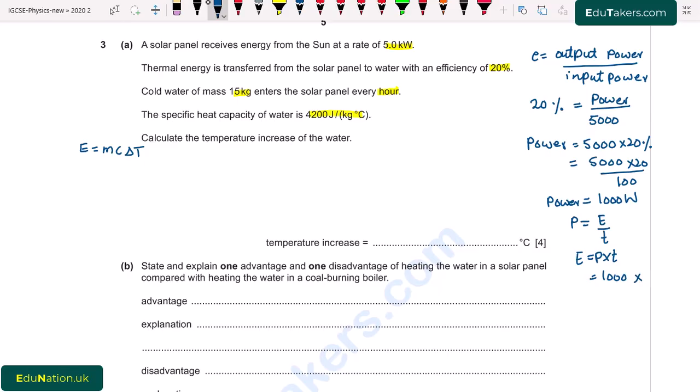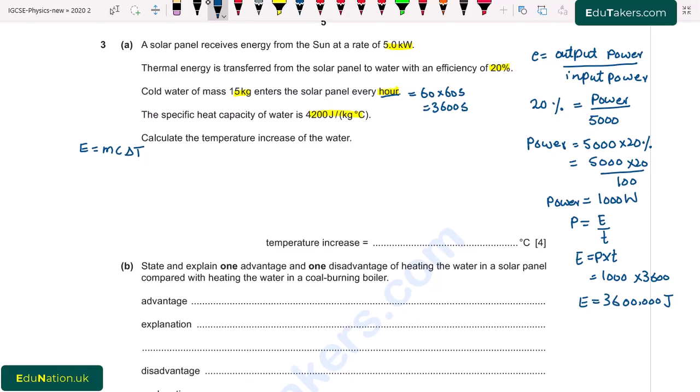So here they mentioned that every hour, it means that time is equal to 1 hour, and we know that 1 hour is equal to 60 minutes, and then 1 minute is equal to 60 seconds. So it comes to be 3600 seconds. So I write here 3600. Energy comes to be 3,600,000 joule. Energy comes to be this.